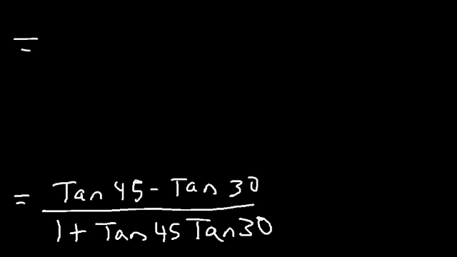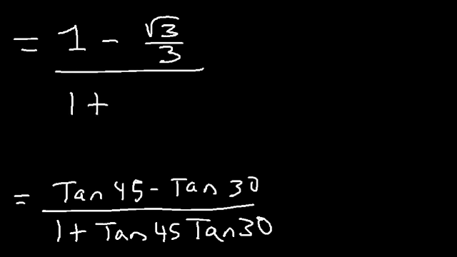So this is equal to 1 minus root 3 divided by 3 over 1 plus 1 times root 3 over 3. So we can get rid of this one because 1 times root 3 over 3 is just root 3 over 3. Now what can we do to solve or simplify this expression? What would you do at this point? How would you simplify this complex fraction?